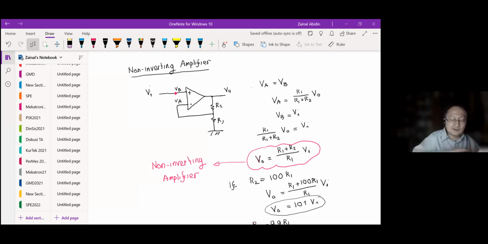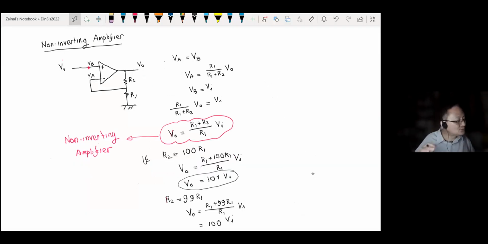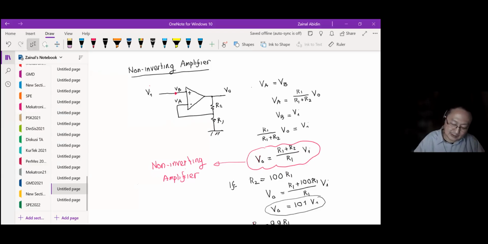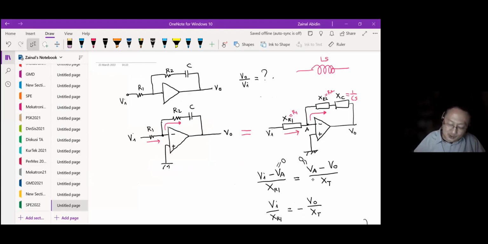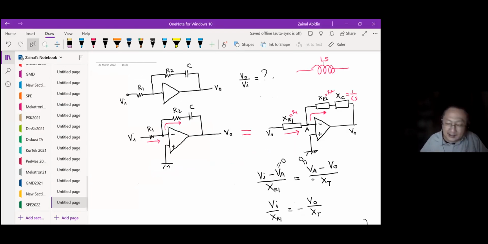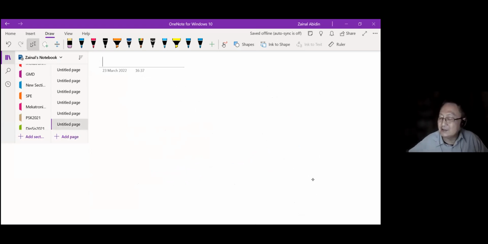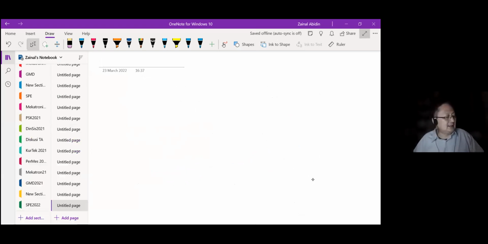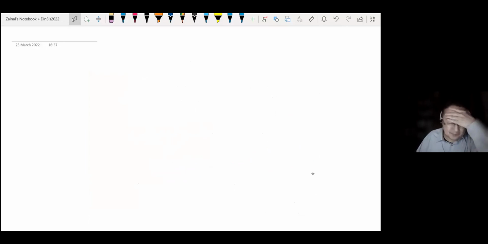Okay, first, I want to explain a little bit. This one I actually already derived in Pengantar Sistem Kendali.